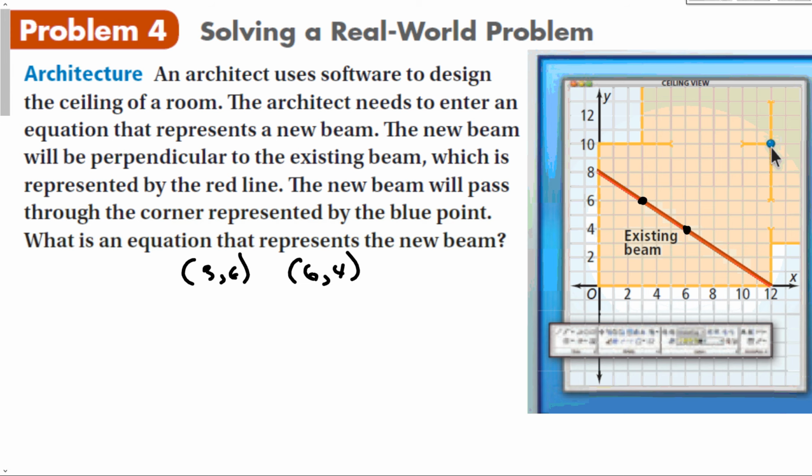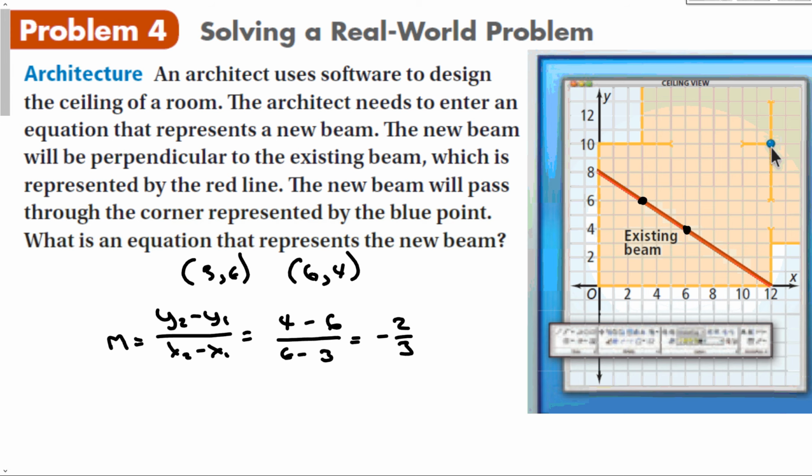If I have 2 points on a line, I can find its slope with my formula that the slope is equal to y2 minus y1 over x2 minus x1. So that's going to be 4 minus 6 over 6 minus 3, which is negative 2 over 3.